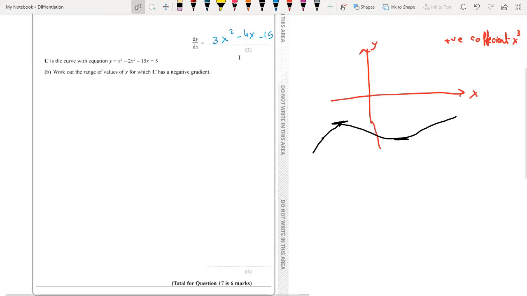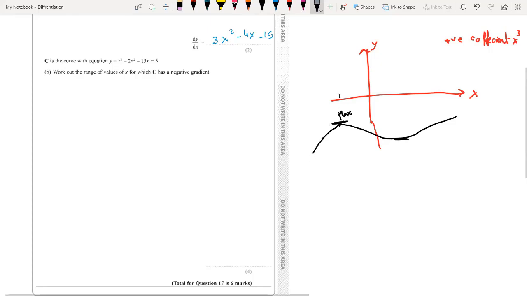So where is the range of the values of x where the gradient is negative? We have to look before this maximum. The curve is rising up.